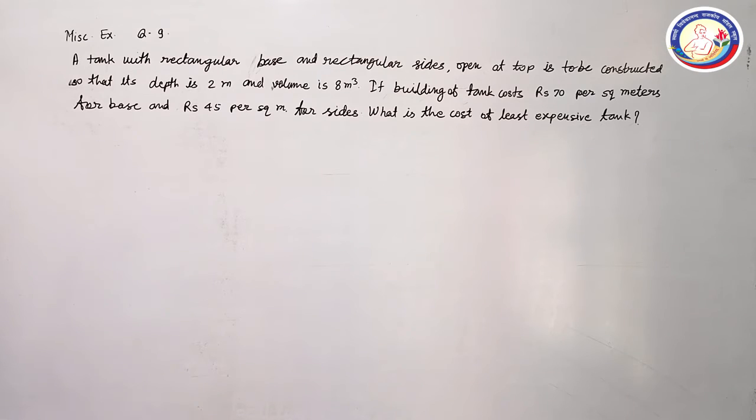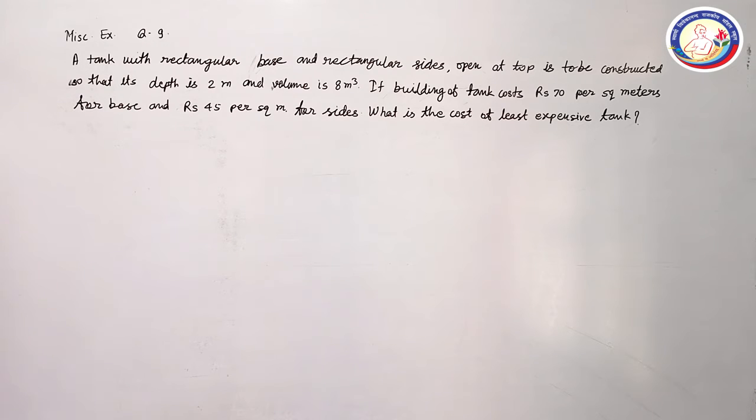Now I am taking question number 9 from the miscellaneous test exercise, in which maxima and minima is used to solve the problem. Here is the problem: a tank with rectangular base and rectangular sides, open at top, is to be constructed so that its depth is 2 meter and volume is 8 cubic meter.